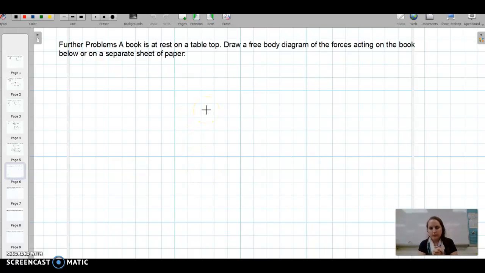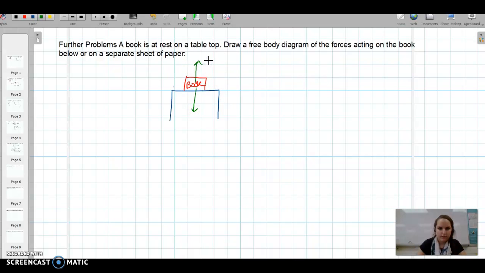So this is getting into the further problem. A book is at rest on the table. We have to draw a free body diagram for it. So let's go ahead and start with that table. We're drawing a book at rest on that table. And let's identify the forces. As we all know, there's only two, right?